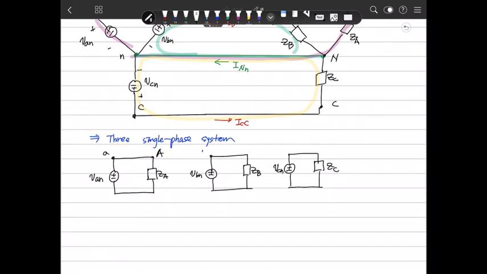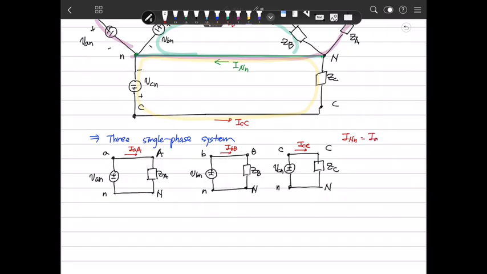Small a, capital A, small b, capital B, small c, capital C. The small n, large n, small n, large n, small n, large n. So in this case, the current is IAA, IBB, ICC. And the different thing is the current INN.